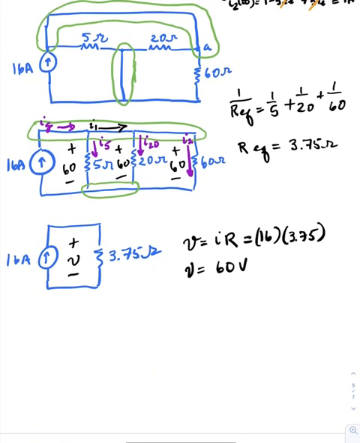So let's take a look at I sub 1. KCL: I sub 1 is equal to I sub 20 plus I sub 2.